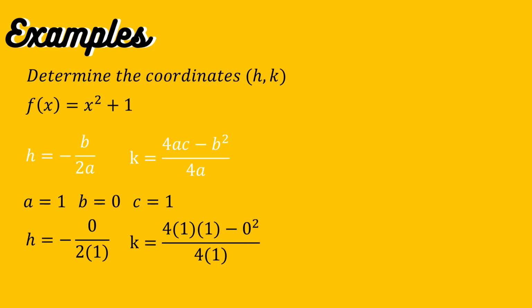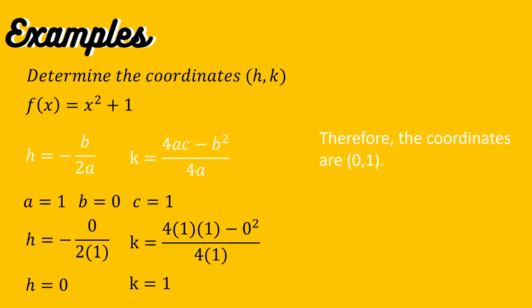So now we have h is equal to negative 0 all over 2 times 1, and k is equal to 4 times 1 times 1 minus 0 squared all over 4 times 1. As we simplify, we get the answer h is equal to 0 and k is equal to 1.